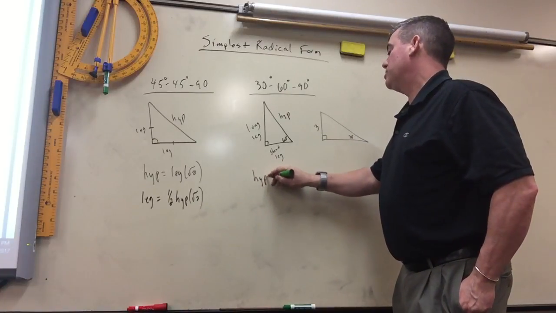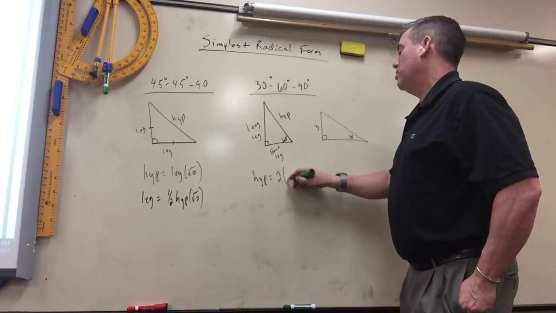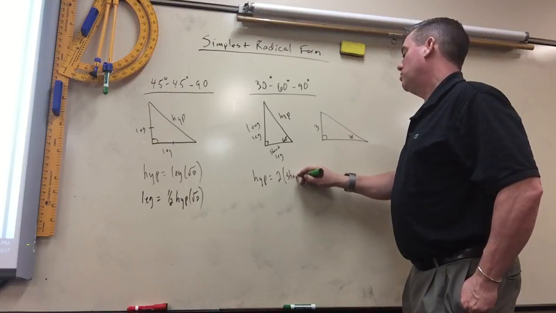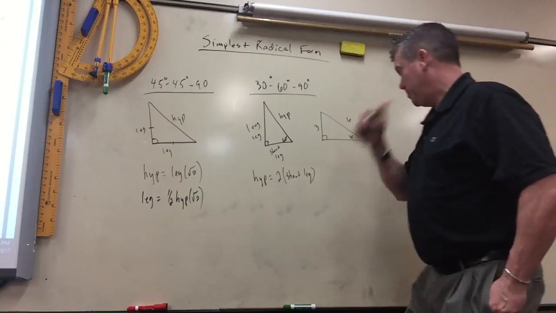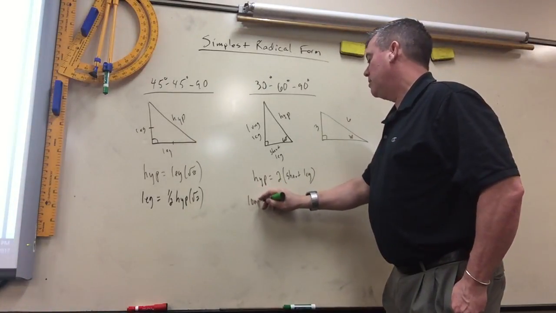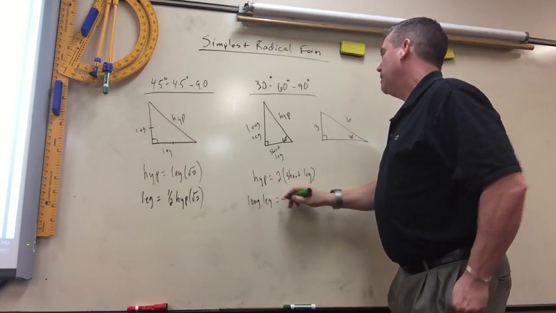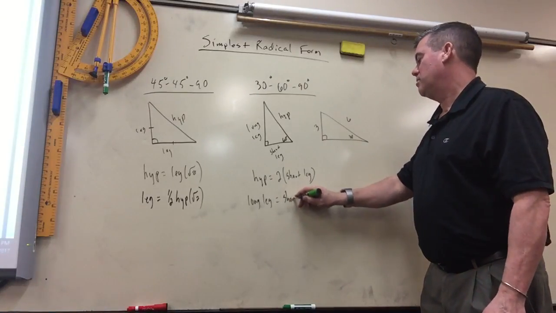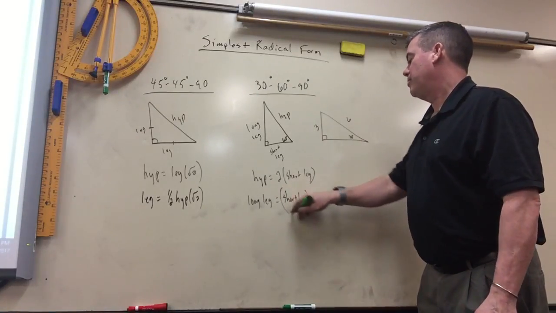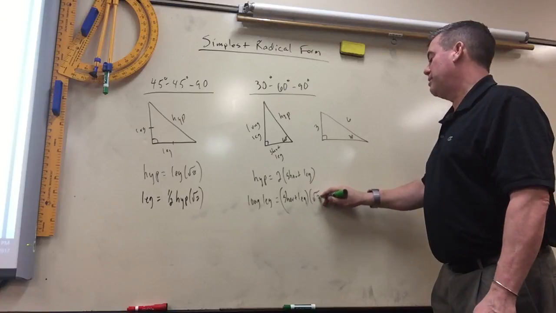The hypotenuse is just double the short leg. So this would be 6. The long leg is whatever the short leg is times the square root of 3.